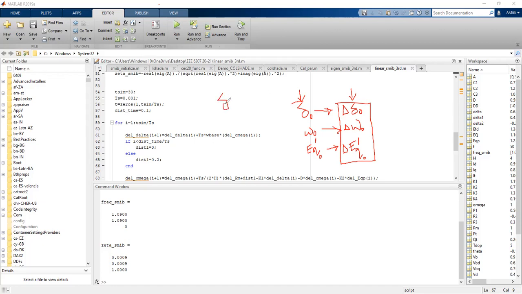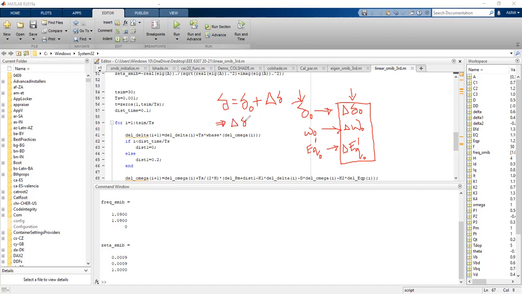So if you remember, when we started the topic of linearization, we said that delta can be represented as this, right? So from this equation, we can also write del delta.